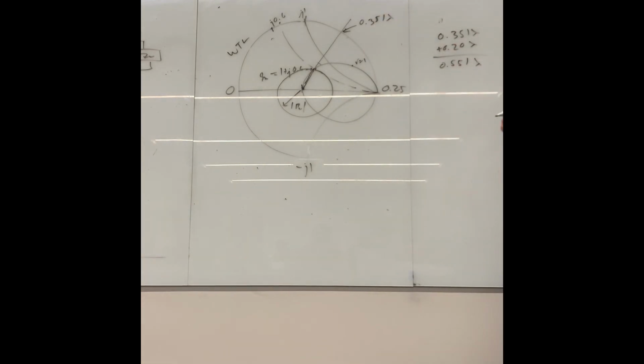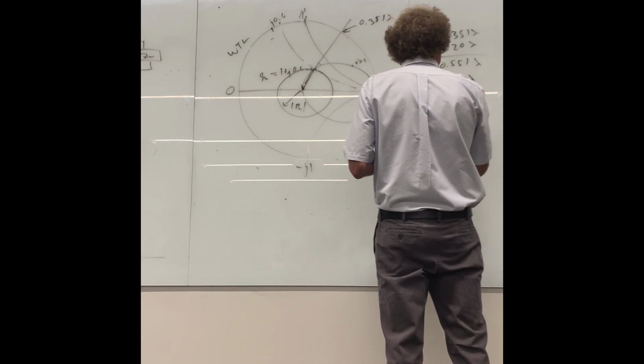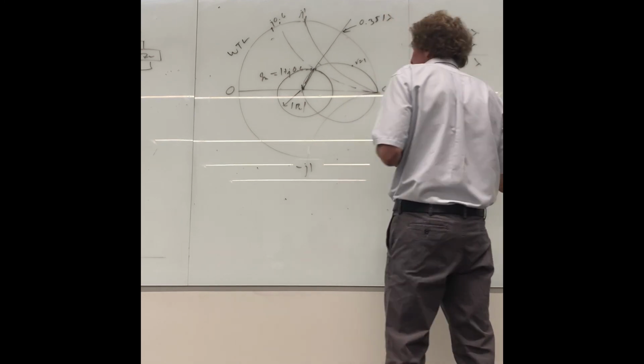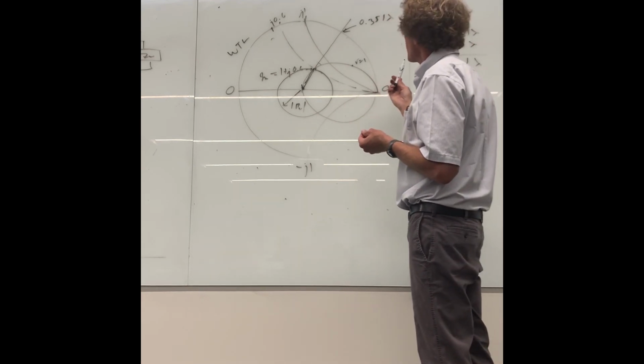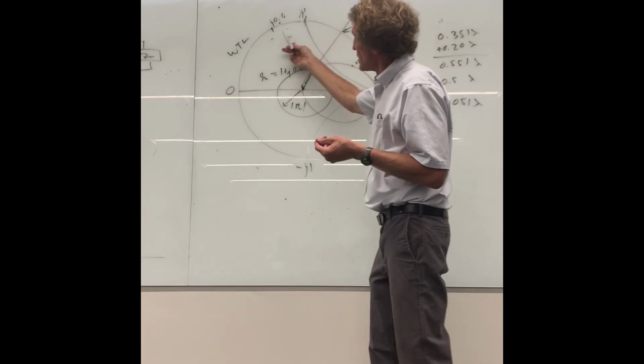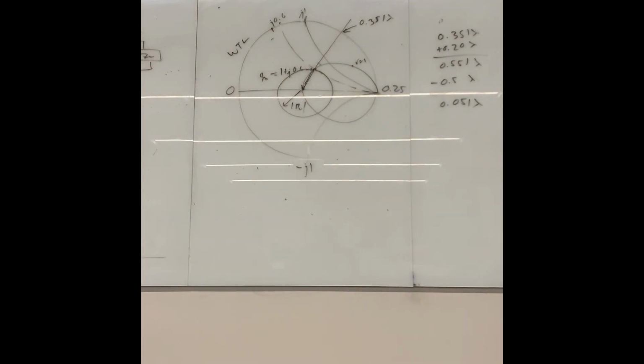It's not on there. What do I have to do? Subtract 0.5. So I subtract 0.5 lambda from there, and I get 0.051 lambda, correct? Right. 0.051 lambda is here roughly.